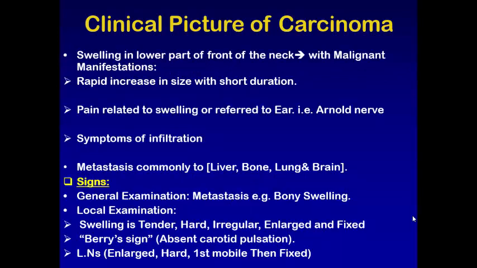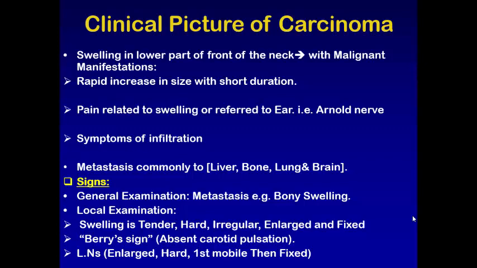As for the symptoms, there is a swelling in the lower part of the front of the neck with malignant manifestations like rapid increase in size with short duration, pain related to the swelling, or referred to the ear due to involvement of Arnold nerve, which is a branch from the vagus nerve. Also, there may be symptoms of infiltration according to the organ infiltrated. When it infiltrates the trachea, there may be dyspnea.